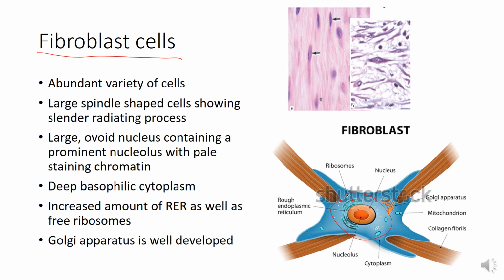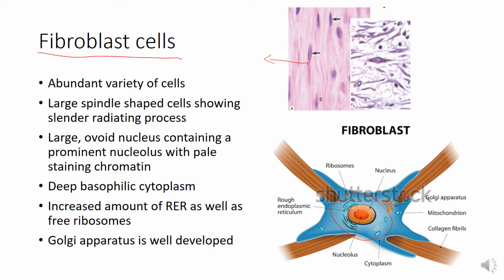They have a large ovoid nucleus containing a prominent nucleolus with pale staining chromatin, and their cytoplasm is deeply basophilic. You can see here because they have an increased amount of rough endoplasmic reticulum as well as free ribosomes, and the Golgi apparatus is also well developed because these fibroblasts have to synthesize proteins.